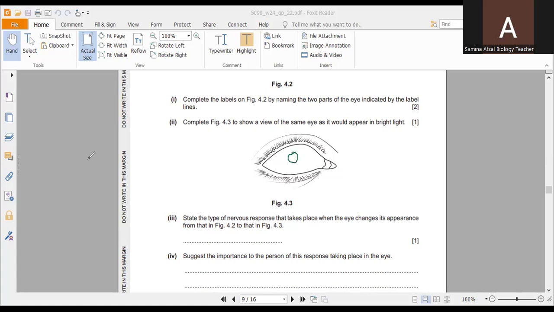So it will become very small in size. Its diameter will become very small.